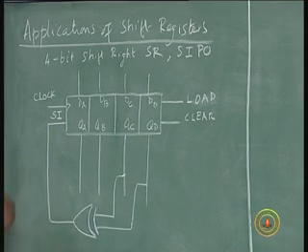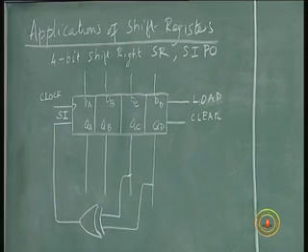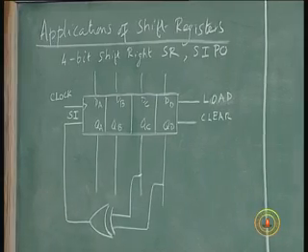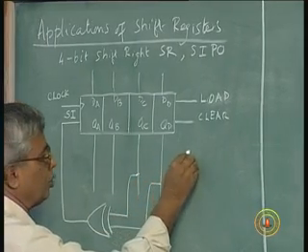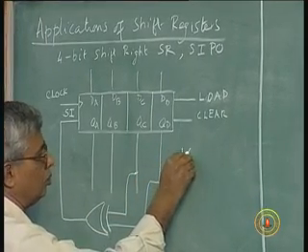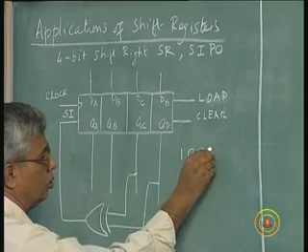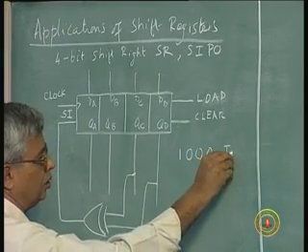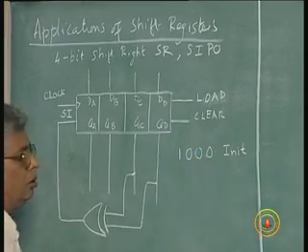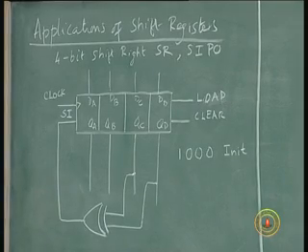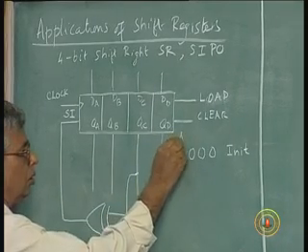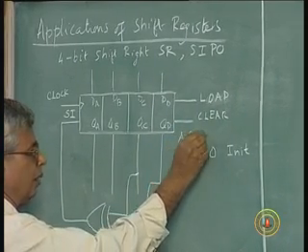As you clock it, this will go on. Let us assume that initially I am able to load a pattern of 1 0 0 0. You can assume anything, I am just assuming this.